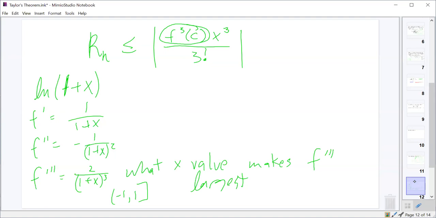Right, that makes sense. 0.1 and 0. So what value between 0.1 and 0 is going to make this thing the largest?